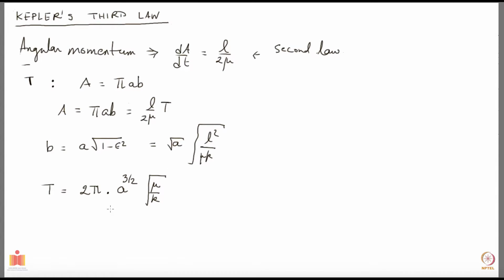Which means, if you square both sides, T squared is 4 pi squared times mu over k times a cubed.